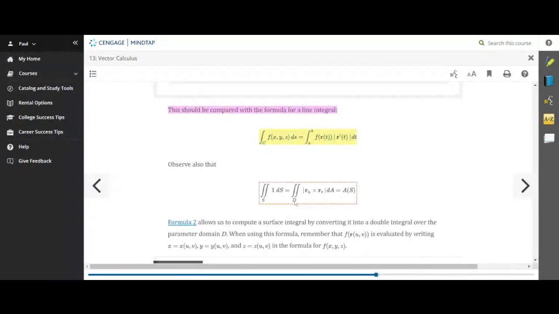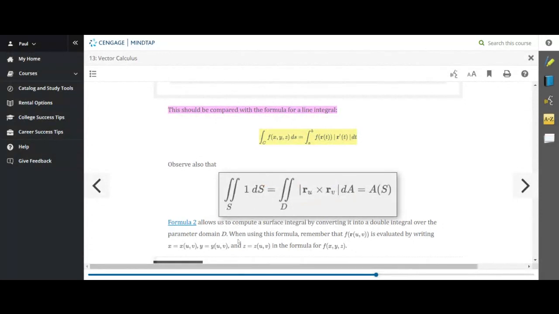And also, they observe that if you wanted to find the actual surface area of your surface, your function of x, y, and z would just be set equal to 1. So it's like when you find the volume of a solid using a triple integral, what's your f of x, y, z equal to?